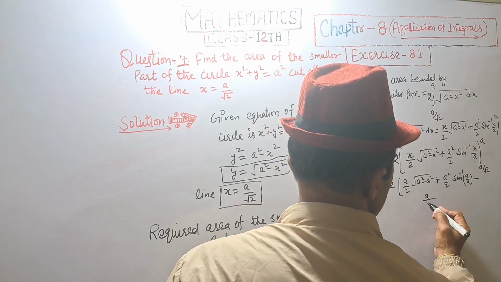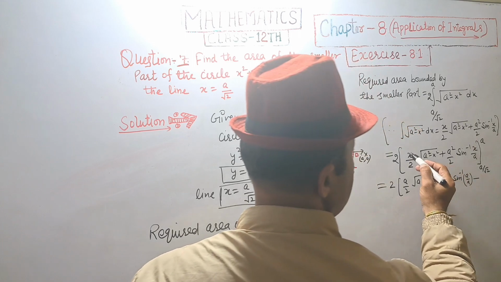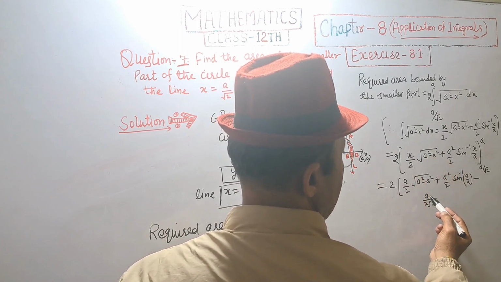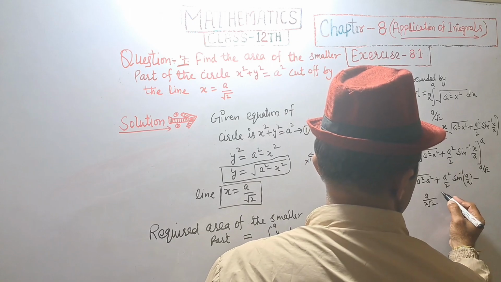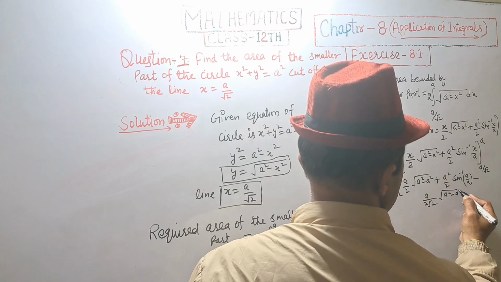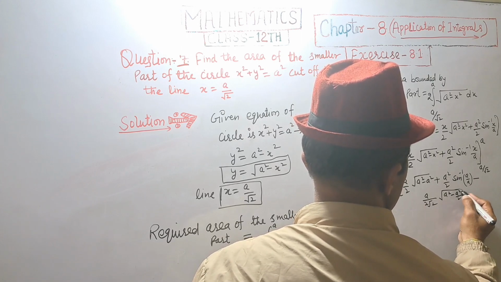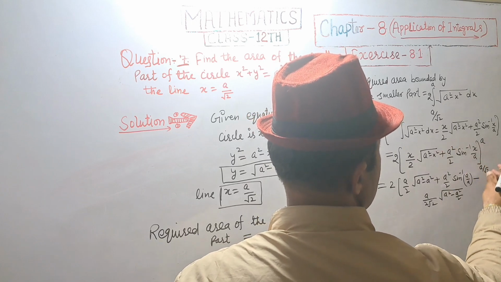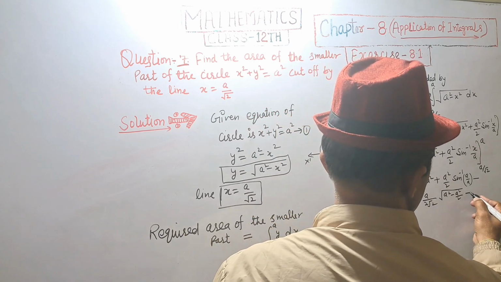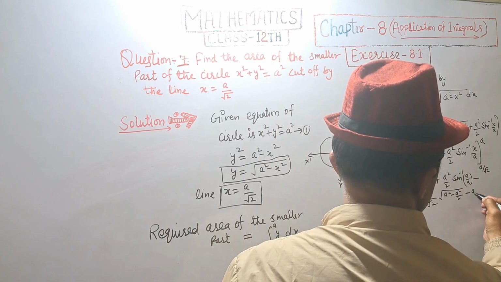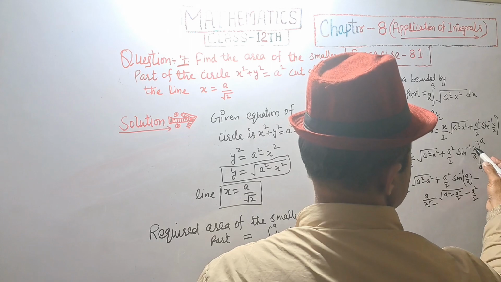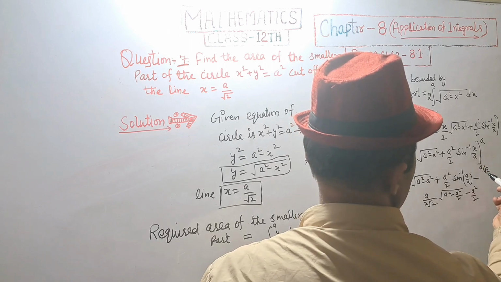We are putting the lower limit in x, that is a upon root 2, so a upon 2 root 2 under root of a square minus a square upon 2, that will be 2, minus a square upon 2 into sine inverse a upon root 2.